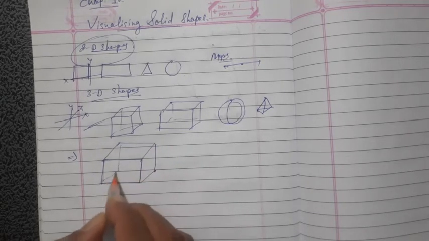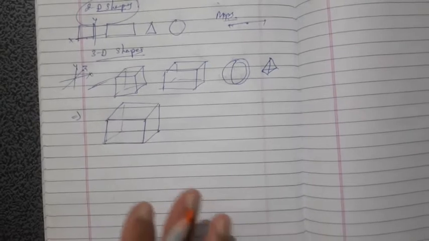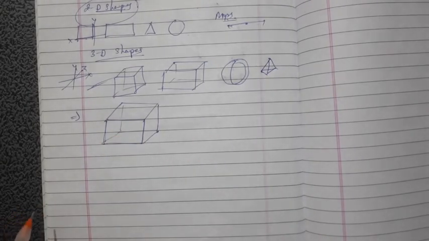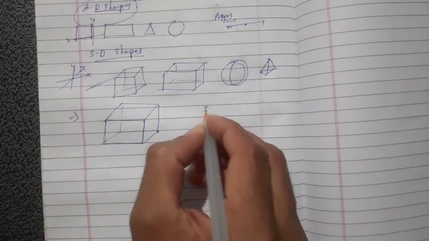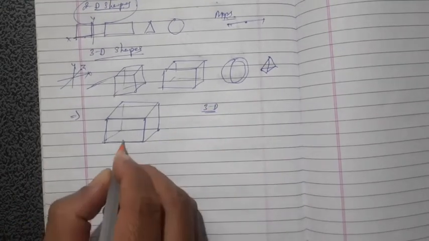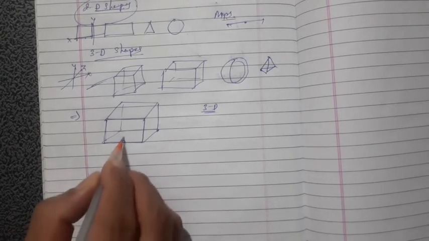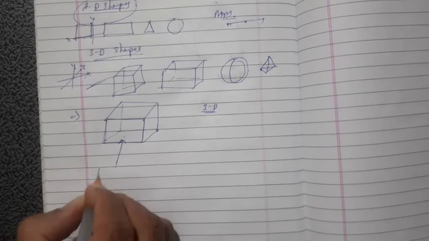Now in 3D shapes, these types of objects are there. According to how we look at them, there are three views. This side, that is the front side, is called the front view.